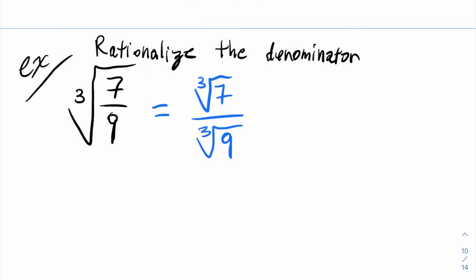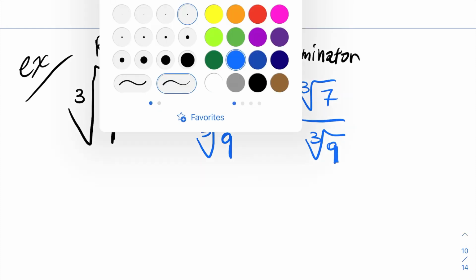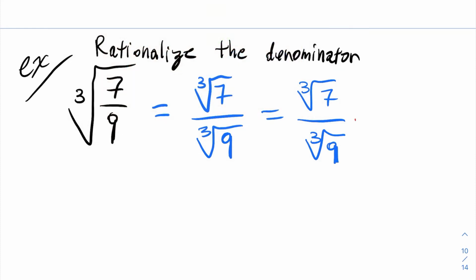So what I have to do then is try to multiply the top and bottom by something that's going to make the cube root of 9 into a perfect cube. So I'm going to multiply the top and bottom by some cube root that's going to produce a perfect cube.